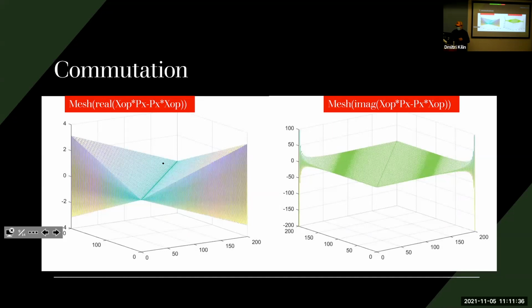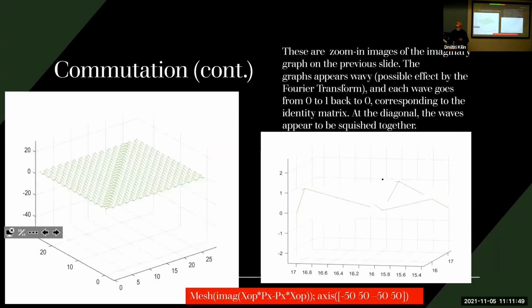And as for commutation, this is what the graph looks like if you do the real part, but if you try doing the imaginary part, then you have something that looks like this. If we look closer in, you notice there are these almost bumpy waves there.